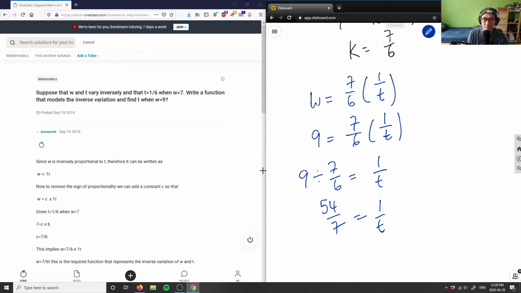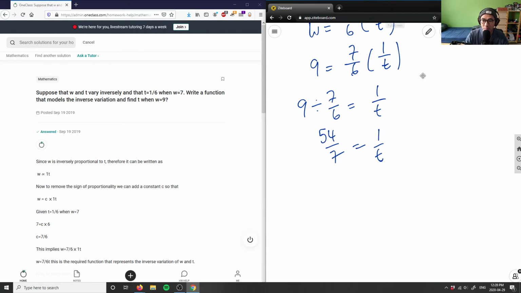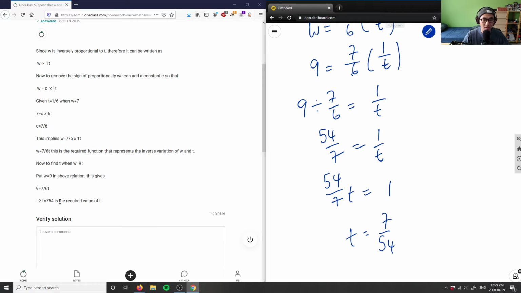And finally, what I could do is bring T to the other side, and this would be 54 over 7 times T equals 1. And finally, I can divide both sides by 54 over 7. So T here would give me 7 over 54. And this would be my answer for T here. So T equals 7.